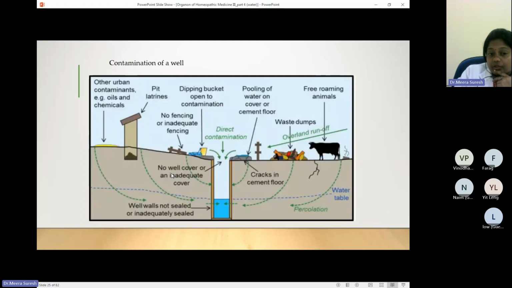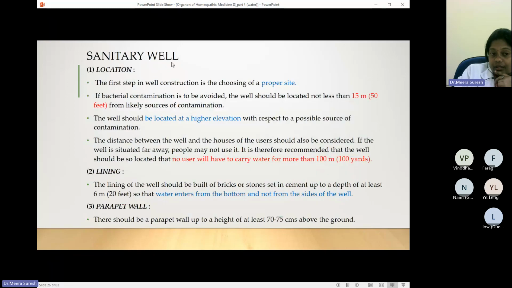The minimum requirement is that the well should be at a higher level than the latrines, which means the latrine should go deeper down. But if that is not possible, at least keep a minimum distance of 15 meters or 50 feet between the source of bacterial contamination and the water source.